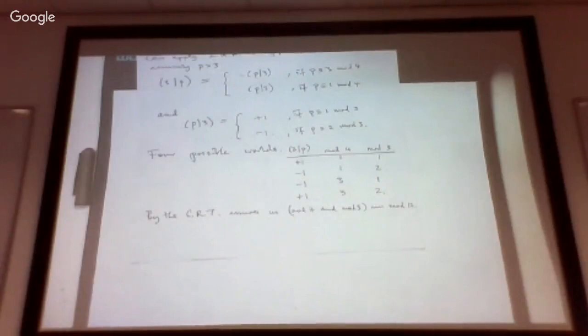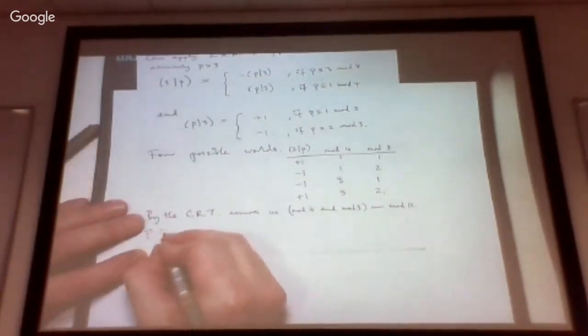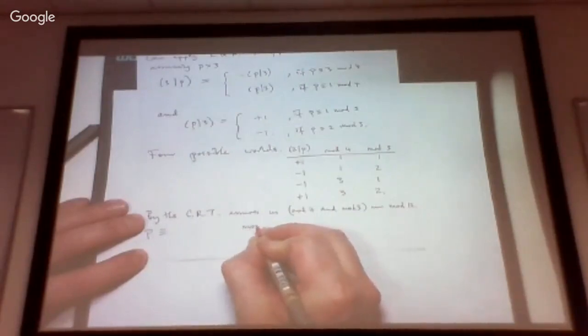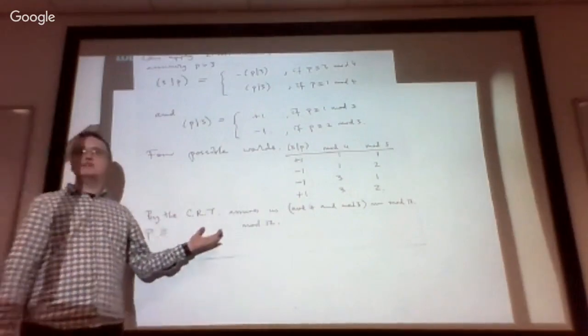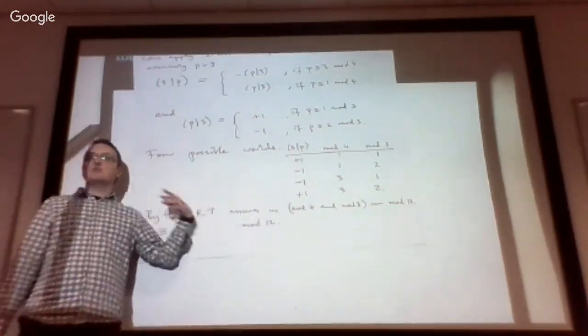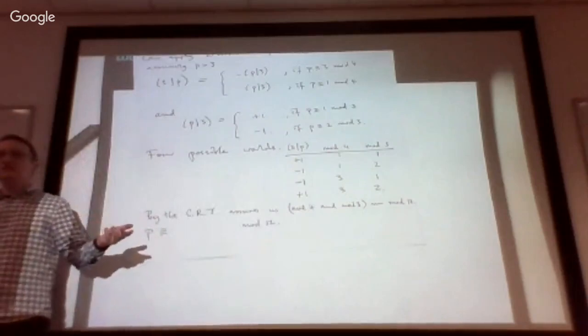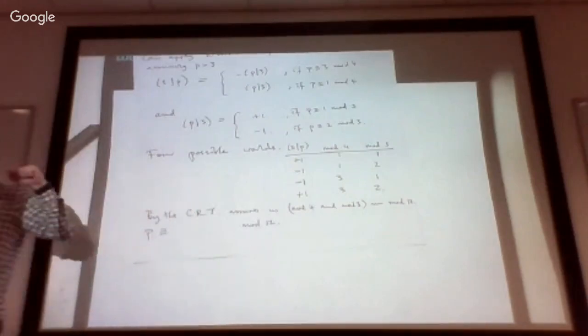Now what are the options for P modulo 12? What can P be modulo 12, or what can it not be? It can't be 2, 3, 4 or 6 mod 12. It can't be any multiple of 2 or 3, because 12 is divisible by 2 and 3.